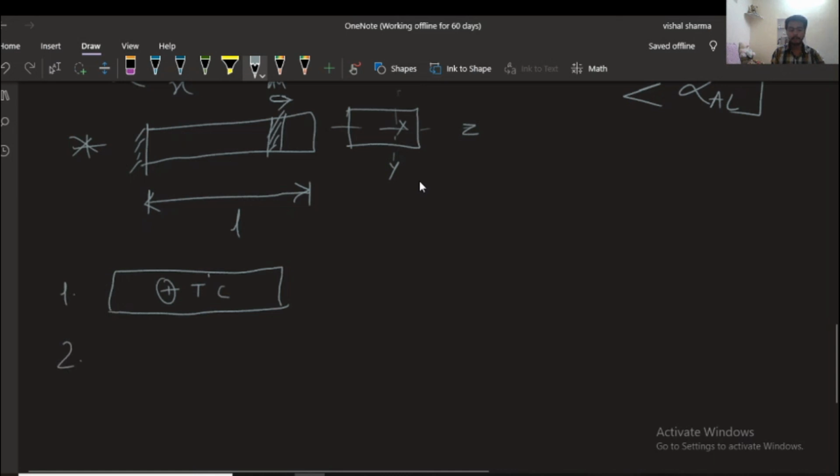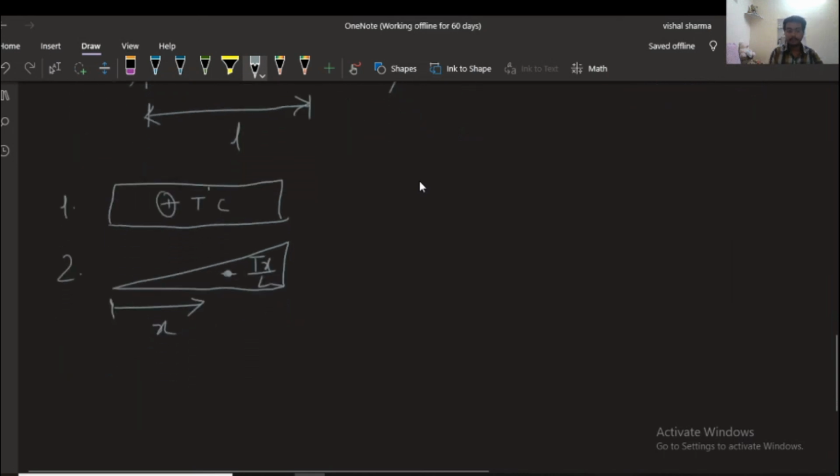The second case, the change in temperature is linear. Change in temperature is linear, which is given by Tx by L, where x is the distance from the right hand side.